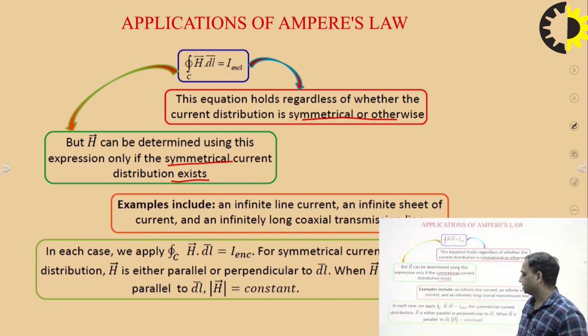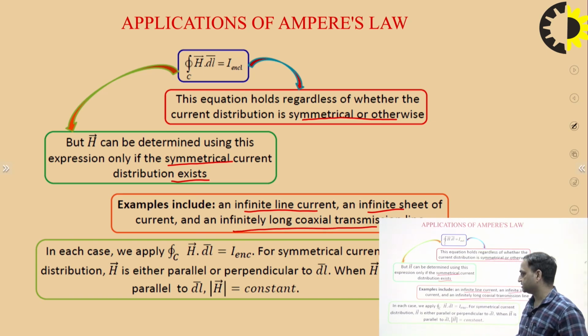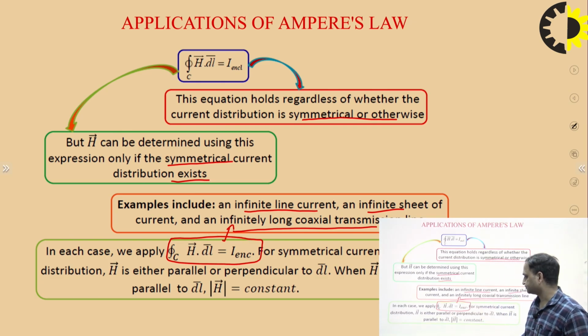Some examples of using Ampere's circuital law are the infinite line current, the infinite sheet of current, and the infinitely long coaxial transmission line. For finding the value of H, we will apply this law to these examples. What is the main important point we have to take care of before solving this type of problem?